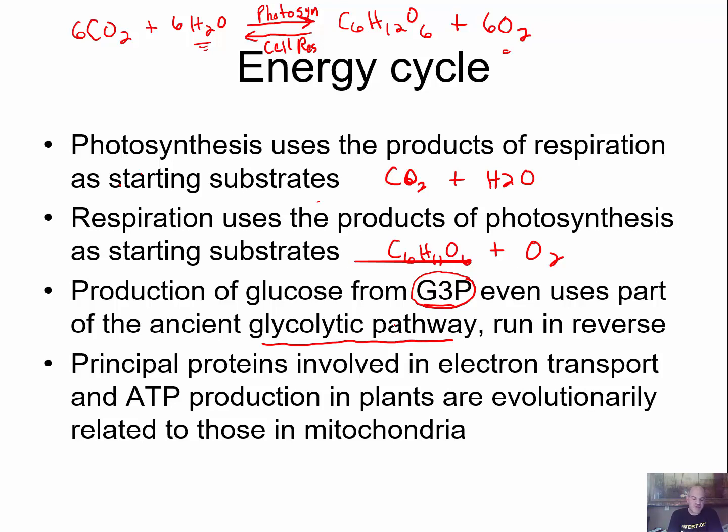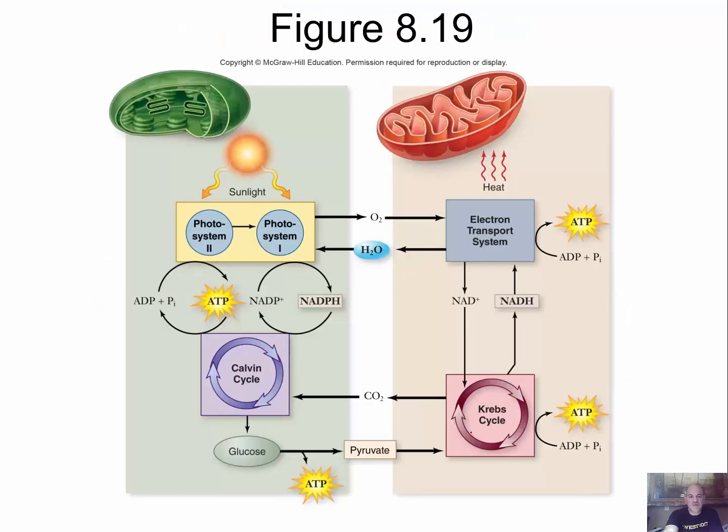And if we also look at how the electrons are handled within the membranes, there is an evolutionary relationship for those electron transport proteins that help us produce ATP. So they're evolutionarily related, those electron transport proteins that we see in chloroplasts and in the mitochondria, which is pretty interesting and cool.